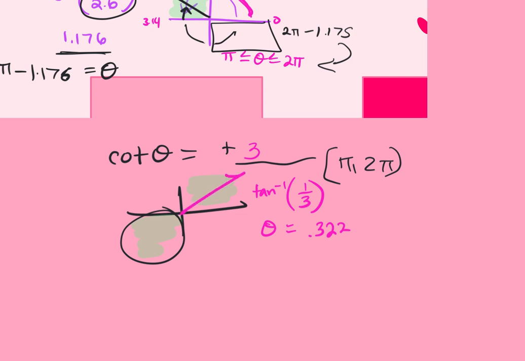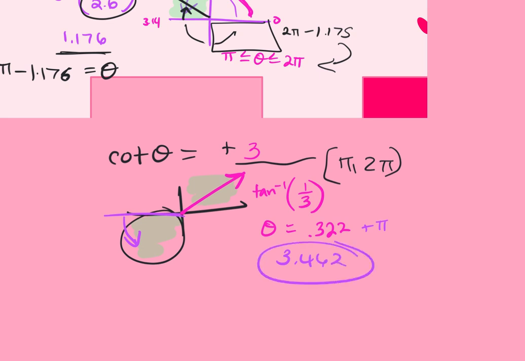That's in my first quadrant. To get the angle in the third quadrant, it's that much past my x-axis, so it would be this plus pi. 3.462 would be my actual answer.